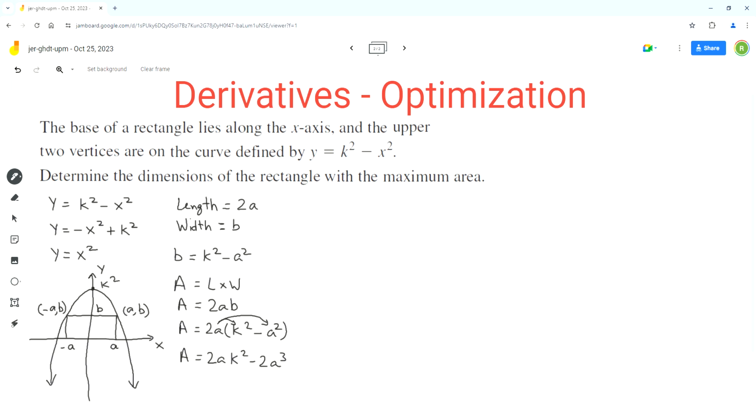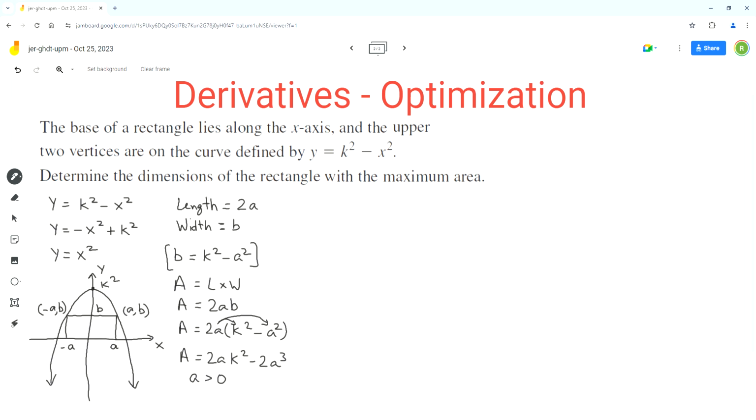Now we can write the domain for this function. The length of the rectangle is 2a. So a cannot be equal to 0 or less than 0. So therefore a can only be greater than 0. Now as per the equation that we got here, b equals k square minus a square, the maximum value for a will be k, because if a exceeds k, then b will become negative.